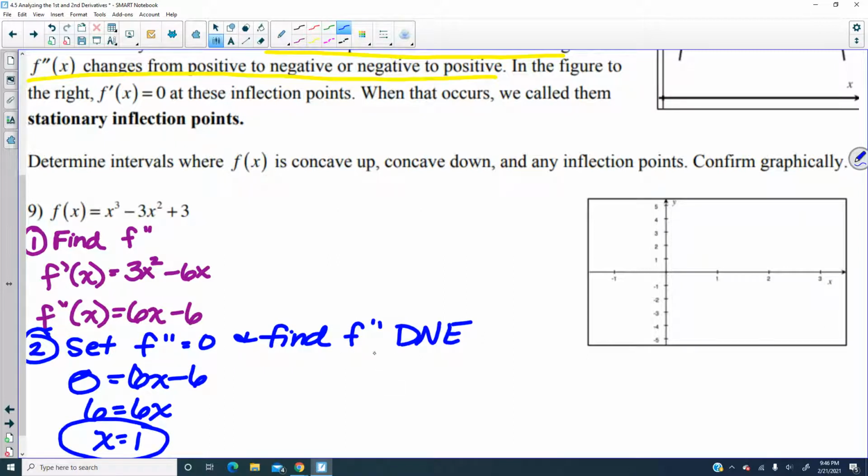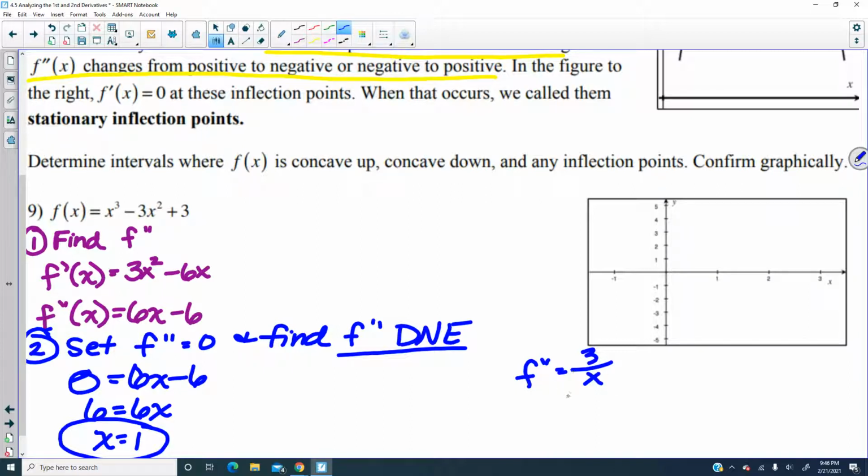Then I would also look to see where f double prime may not exist. Here, this f double prime right now is a linear function. If I were to graph this, it would be a line. So there isn't a place where f double prime would not exist because a line would exist everywhere. However, if I ended up with something like f double prime equals maybe 3 over x, then you would look to wherever the denominator would be equal to 0.